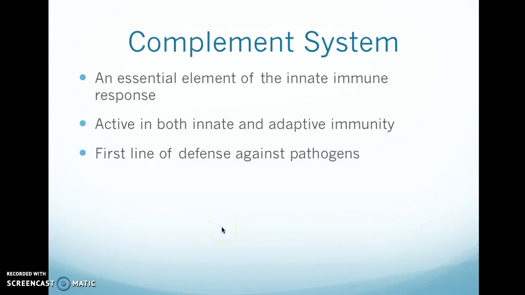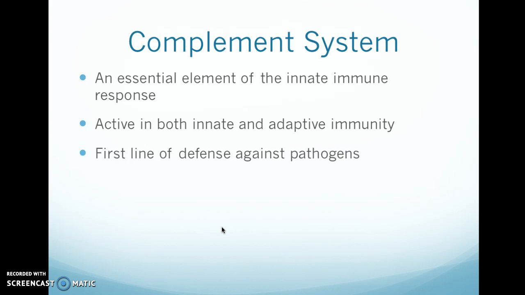So for this video, I'm going to be talking about regulation of the complement system. The complement system is an essential element of the innate immune response that becomes activated upon recognition of molecular patterns associated with microorganisms, abnormal host cells, and modified molecules in the extracellular environment.